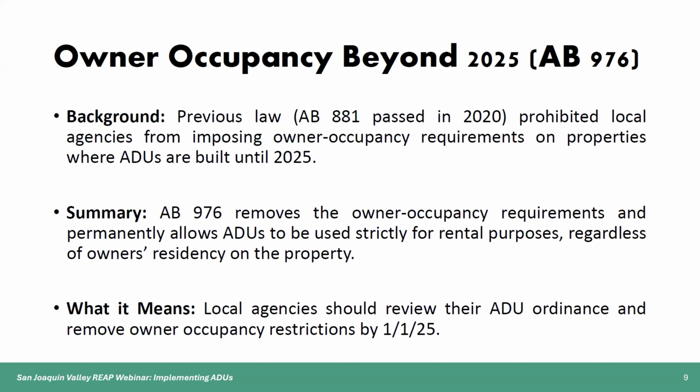However, this bill now removes altogether the owner occupancy requirements and permanently allows ADUs to be used strictly for rental purposes, regardless of owner's residency on the property. So what does this mean for you? So in your update of your ADU ordinance, make sure you remove any owner occupancy restrictions by the start of next year.